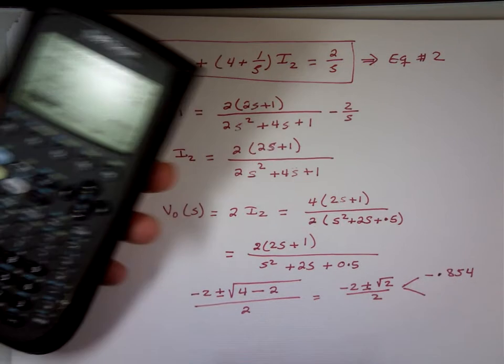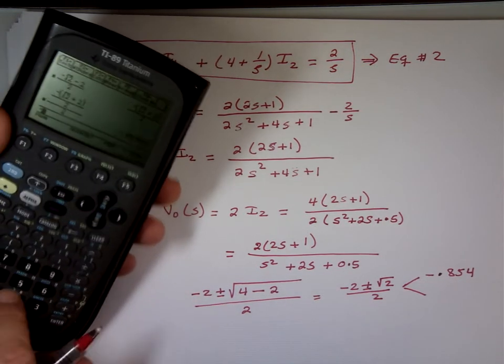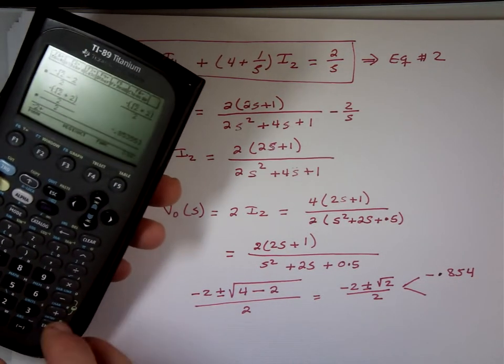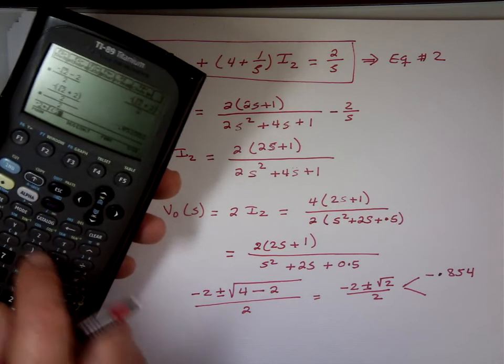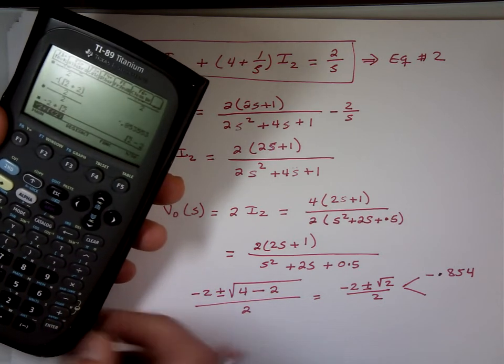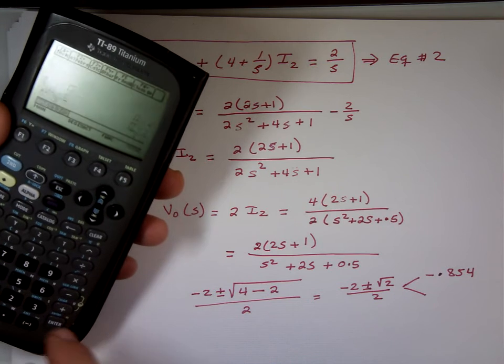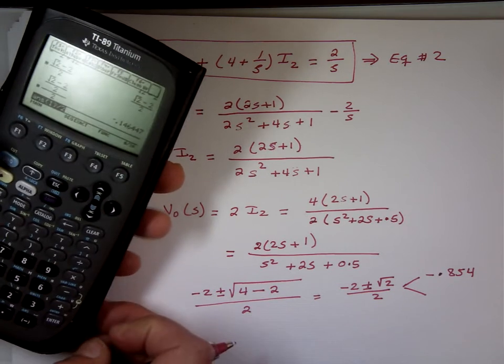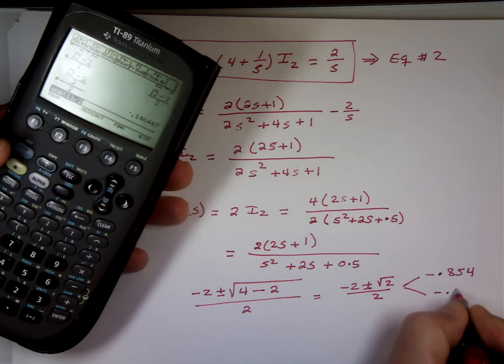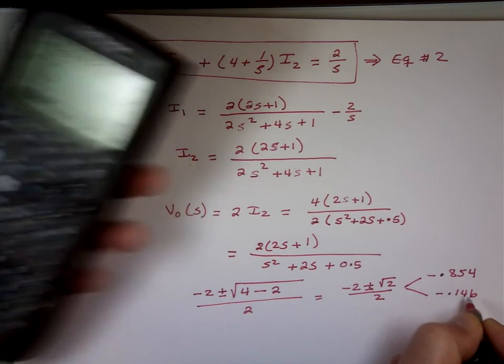And the other one will be minus 2 plus the square root of 2, divided by 2. Give me a decimal value. That's negative 0.146.